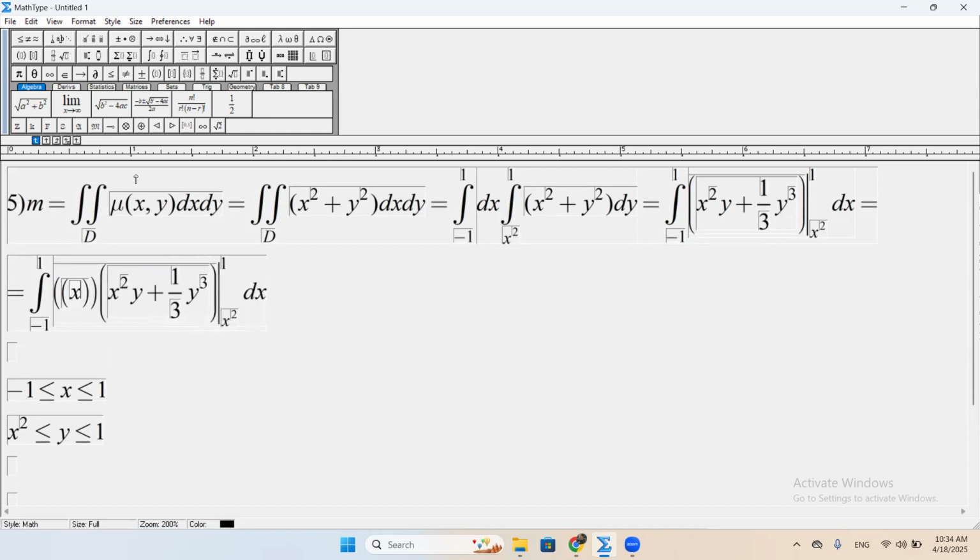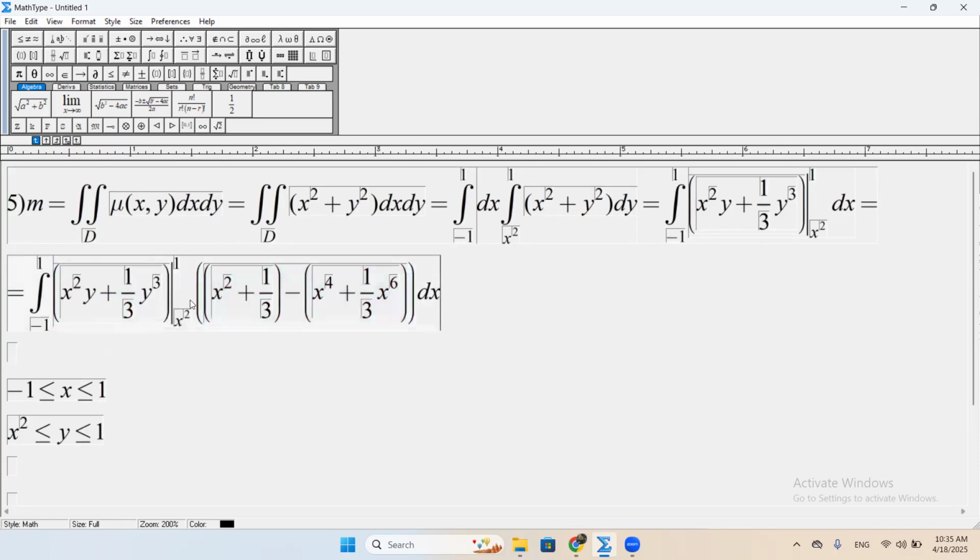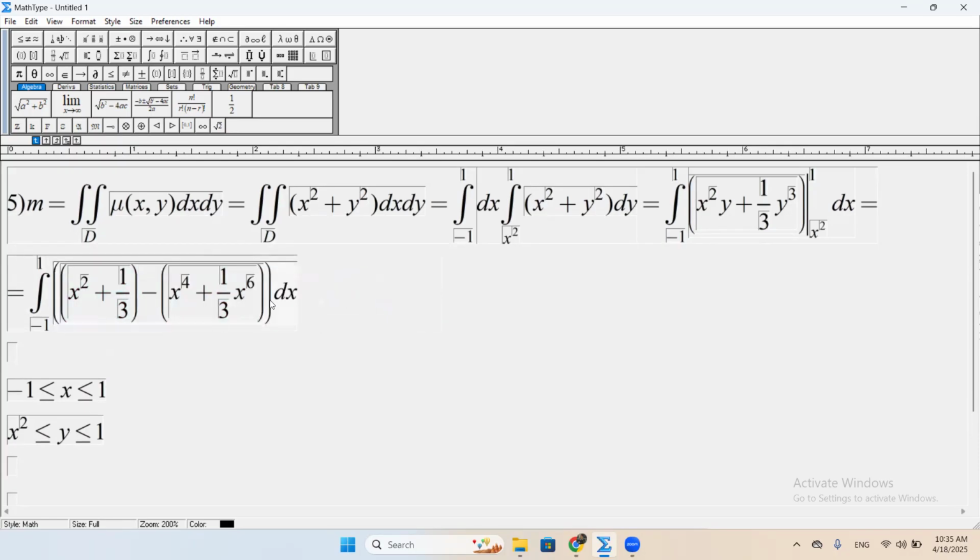So x squared plus 1 over 3 minus x to the power of 4 minus 1 over 3 x to the power of 6. So actually this is our integrand.